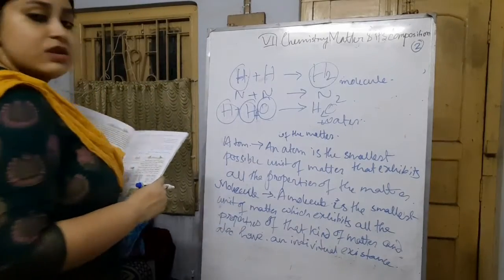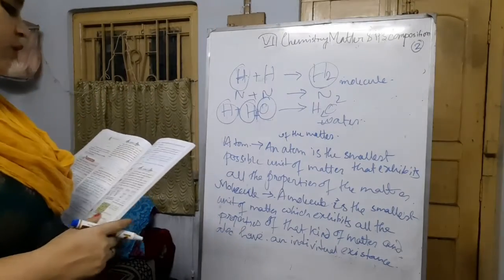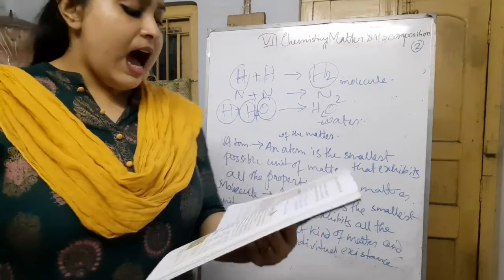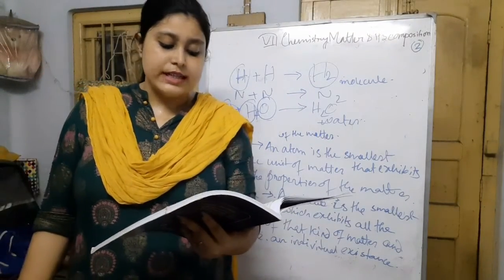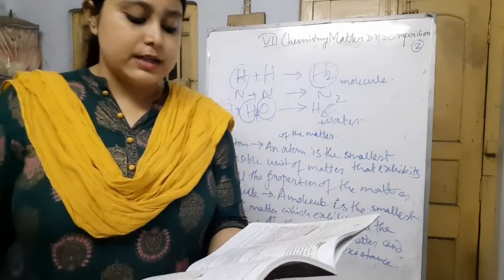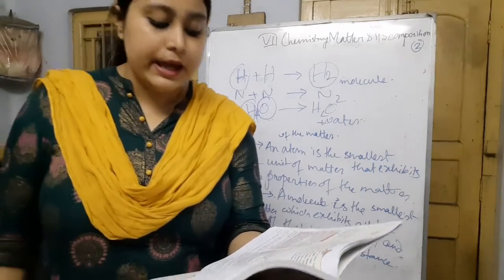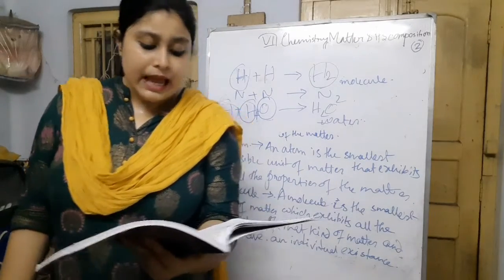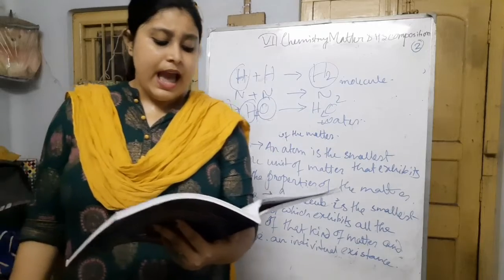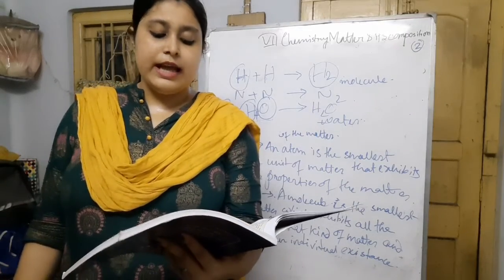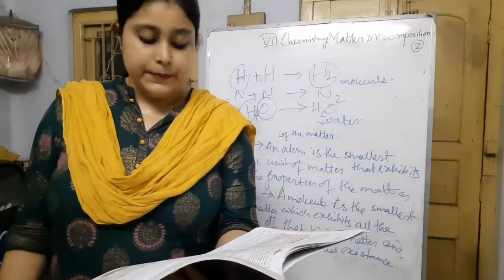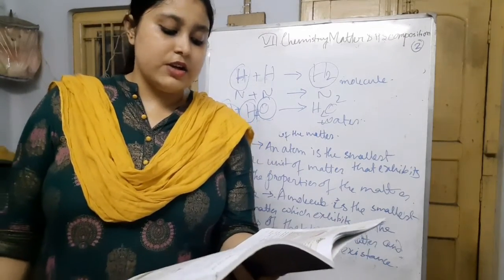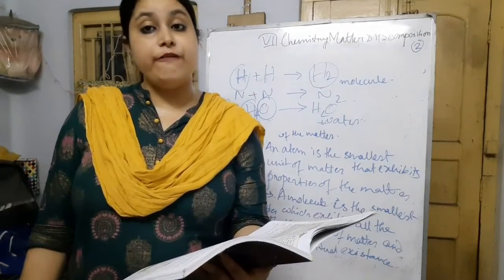Now let me give you some more information. Earlier, it was thought that all kinds of matter are made up of air, water, earth, sky and fire. Later on, Kanada, an Indian philosopher, and then John Dalton, an English scientist, proposed that all kinds of matter are made up of atoms.